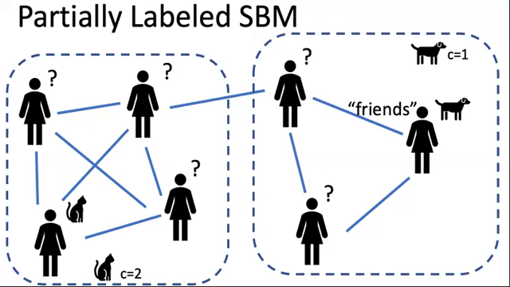In contrast, we consider a finite network size, and we use convex optimization methods to learn the labels in a partially labeled stochastic block model. And by relying on convex methods, we can use a powerful toolkit for the analysis and the design of efficient convex optimization methods.